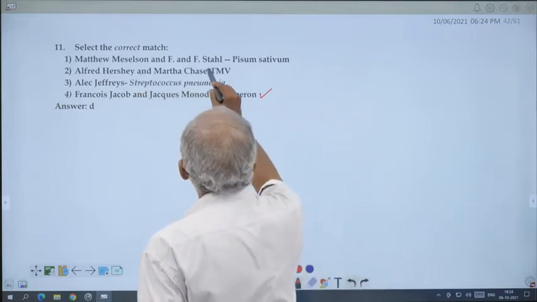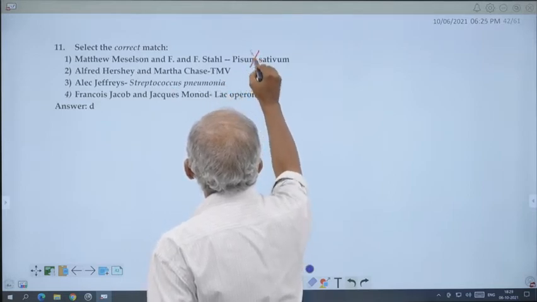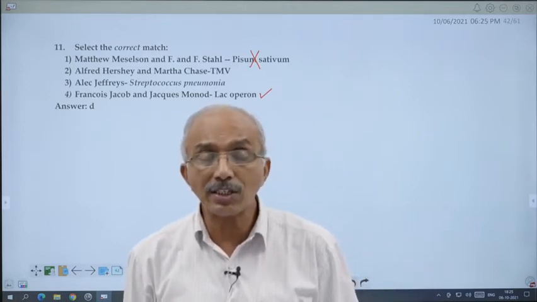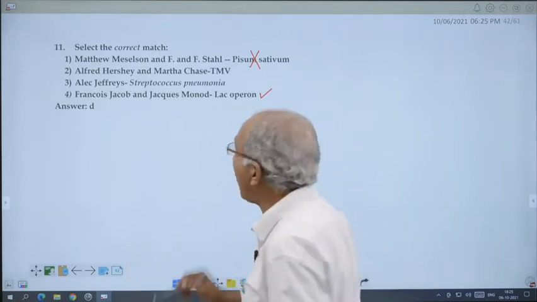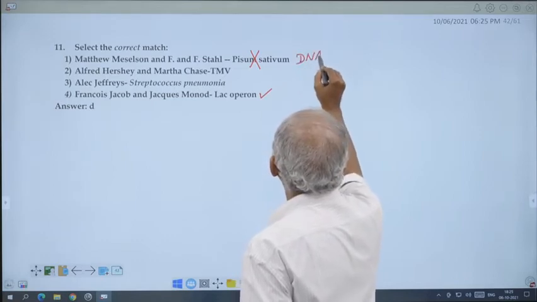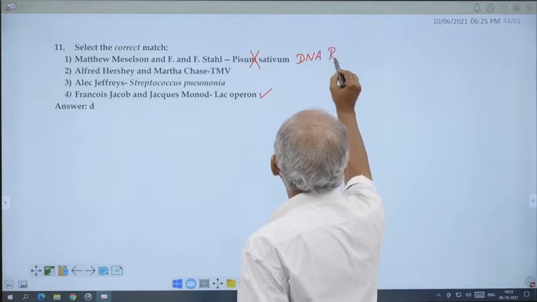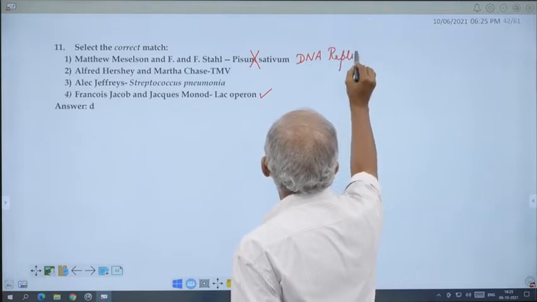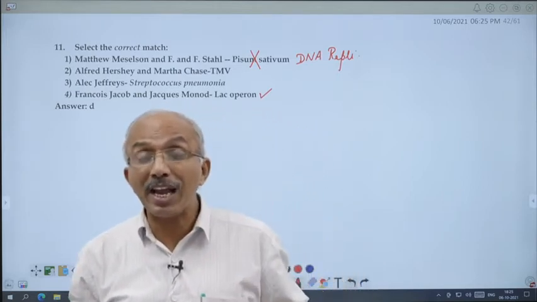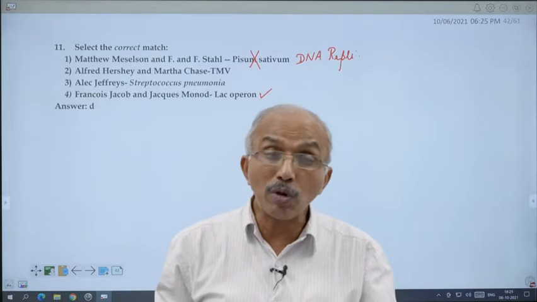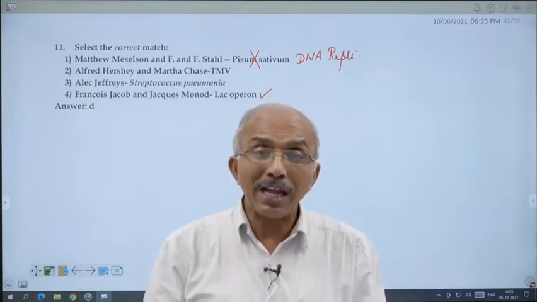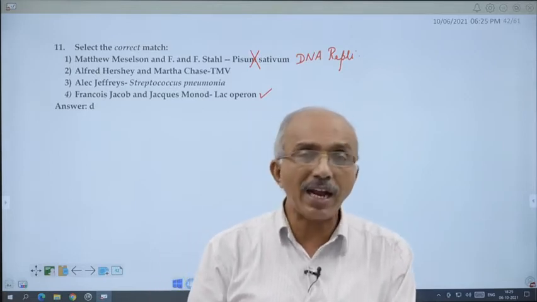Meselson and Stahl are not associated with Pisum sativum. Meselson and Stahl are associated with the experimental proof for DNA replication. Semi-conservative replication of DNA was proposed by Watson and Crick, but proved by Matthew Meselson and Franklin Stahl.